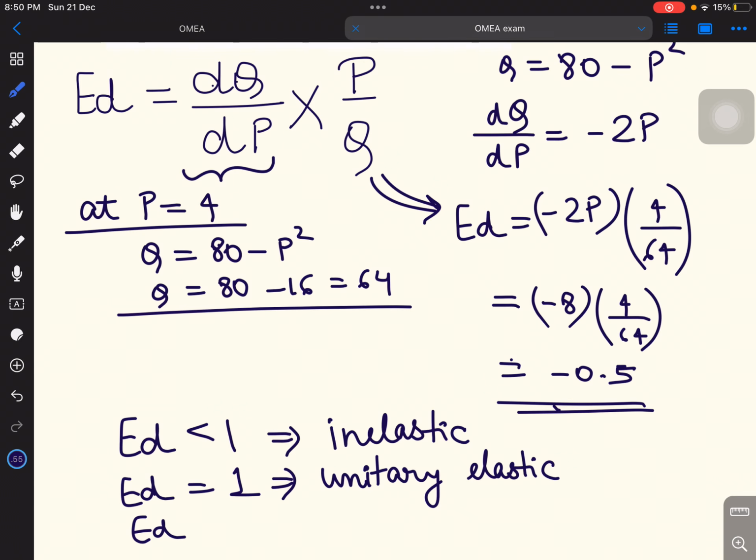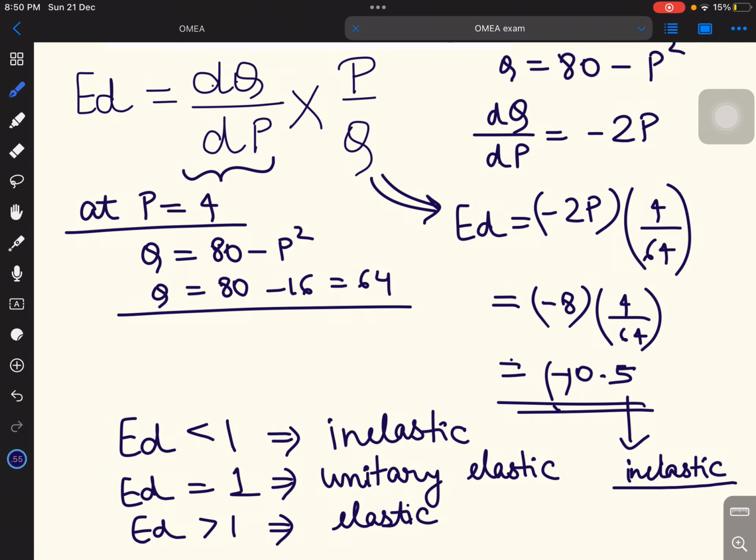And if ED is greater than 1, it is elastic. In this case, the answer is minus 0.5. Whenever you are telling about the elasticity, whether it is inelastic, unitary elastic or elastic, you ignore the minus sign. So you only look at the numerical value, that is 0.5, which is less than 1. So in this case, it is inelastic in nature.